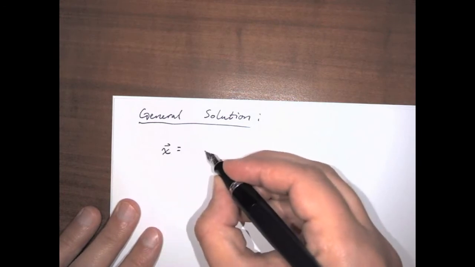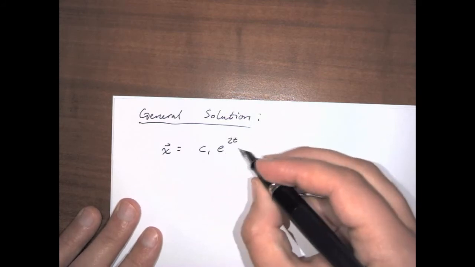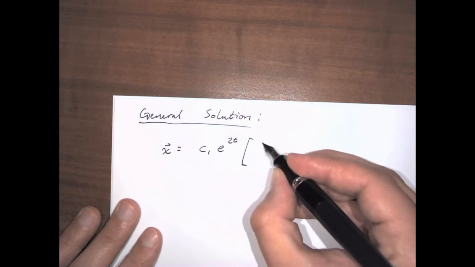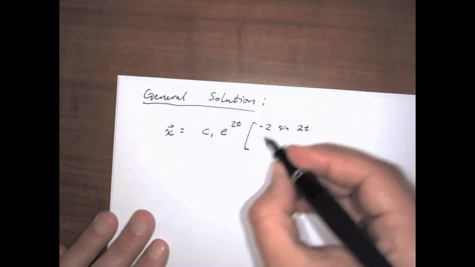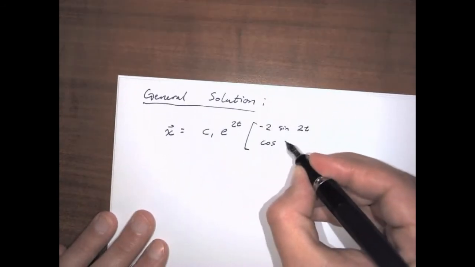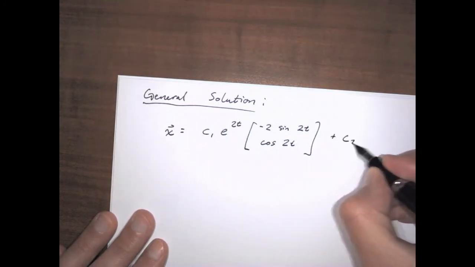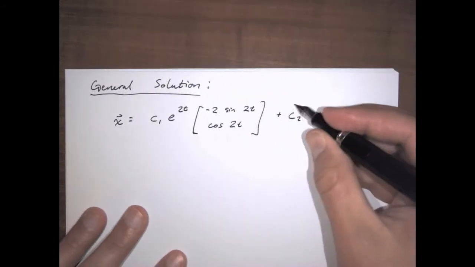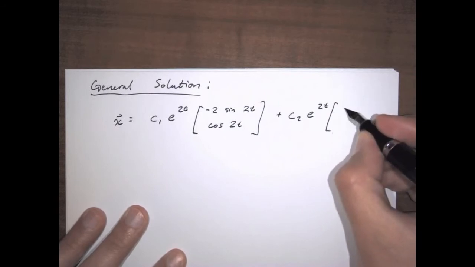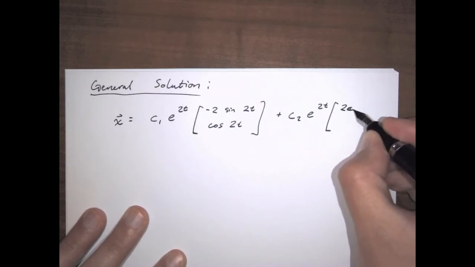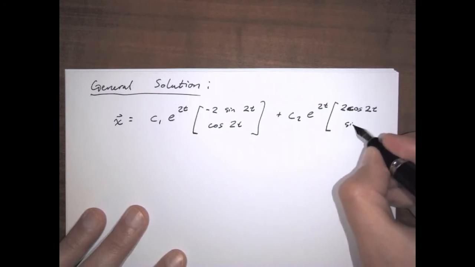X is going to equal c1 times e to the 2t times negative 2 sine 2t, cosine 2t, plus c2 e to the 2t times 2 cosine 2t, I should say. And then sine 2t.